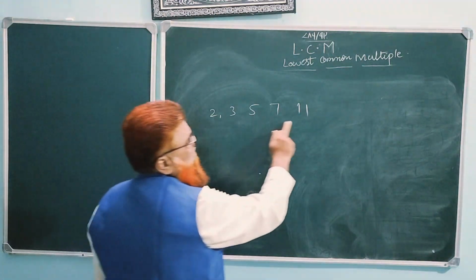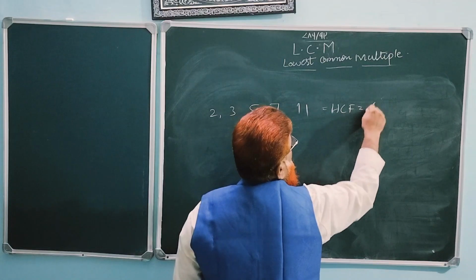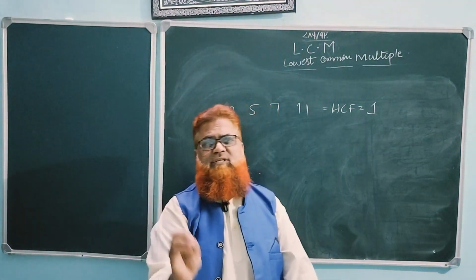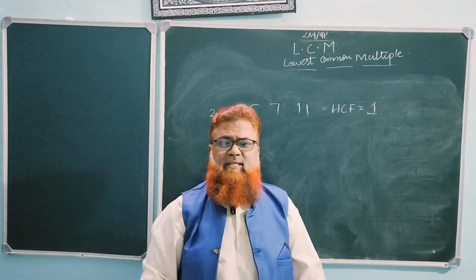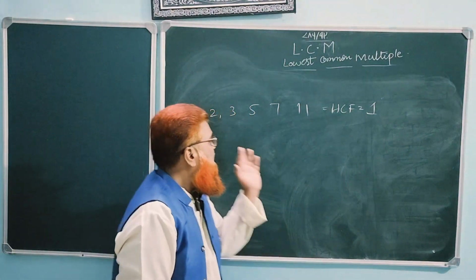If you talk about the HCF of all these primes, the HCF will be directly 1. As I told you, the HCF between any two consecutive numbers is always 1, and the LCM between any two consecutive numbers is their direct product. Okay.